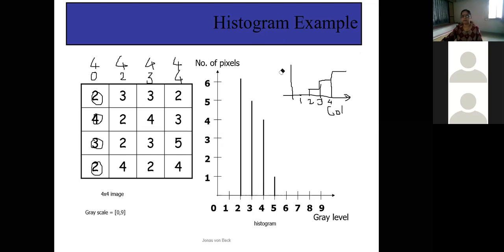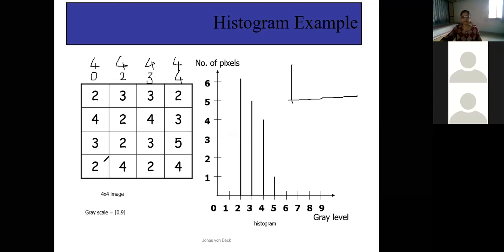Is it clear? The difference between profile and histogram. If we consider a histogram with the same value in all the pixels of a column, we will get equal peaks. Shall I draw that histogram again for this example?